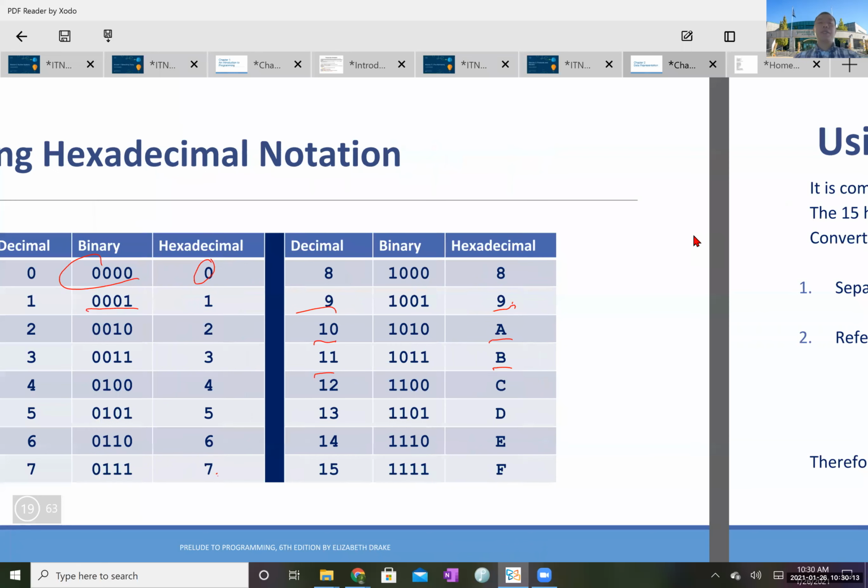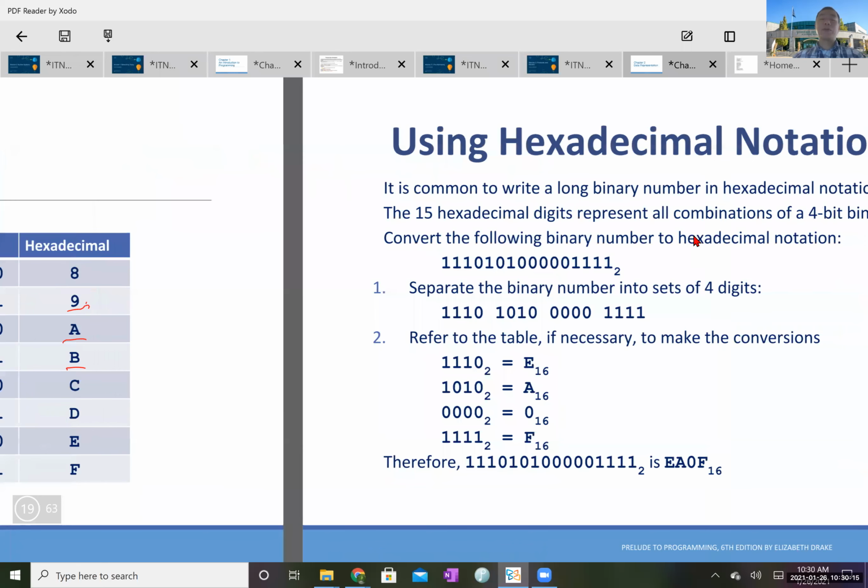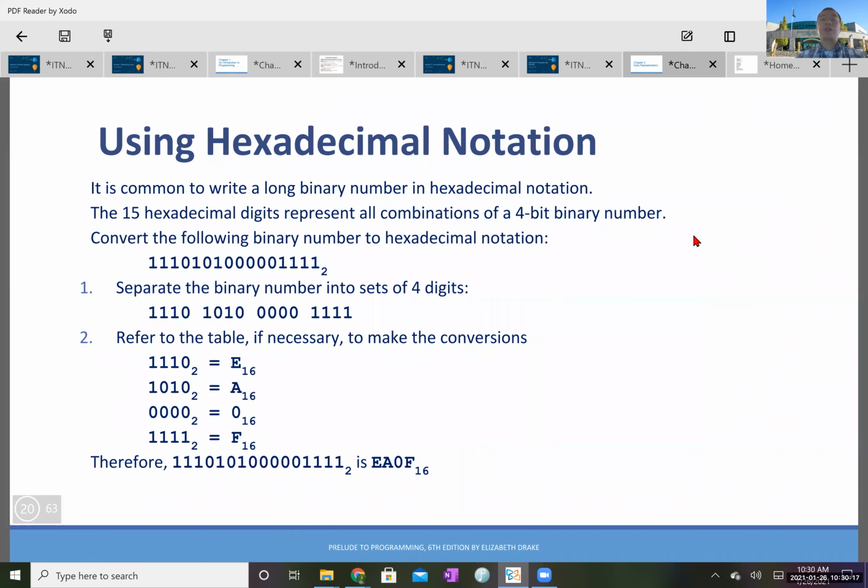Okay, so now if you want to use the hexadecimal notation, when you convert from binary to hexadecimal here, remember that you only group 4 digits together, right? Because if you have 4 binary digits, basically you have 2 raised to 4, you have 16 possibilities, right?